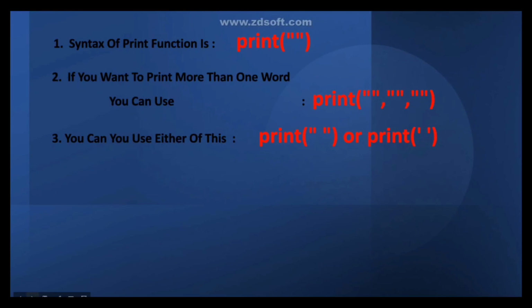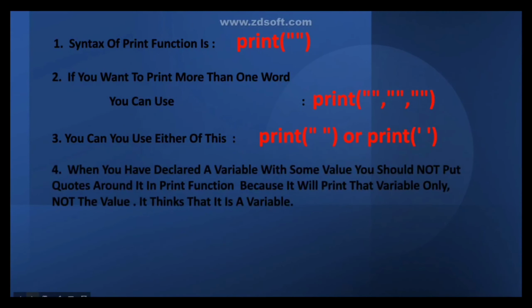Now coming to the fourth one: when you have declared a variable with some value, you should not put any quotes around it in the print function, because it will print that variable name only, not the value assigned to it, since it thinks that is a string. Let me give you an example.